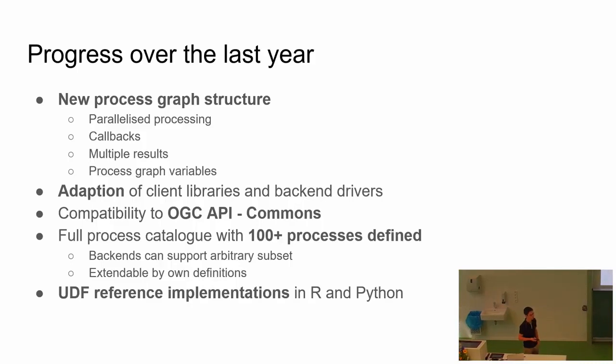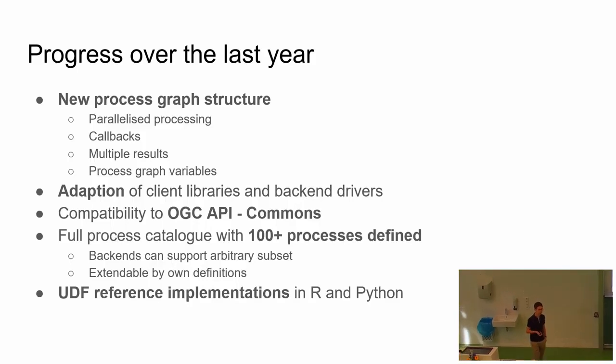Then, of course, we had to adapt all our client libraries and backend drivers to that new version, and we are still a little bit in the process of doing that, but more and more things are done. Compatibility, I said that. And our process graph catalog now includes more than 100 processes, which are very detailedly defined by Matthias.